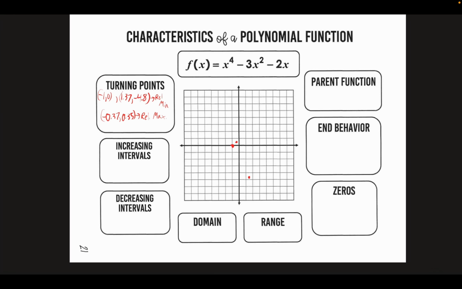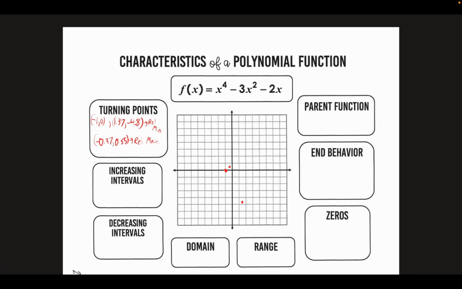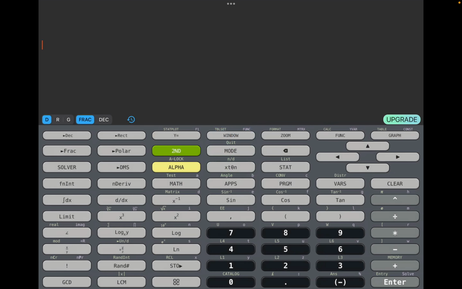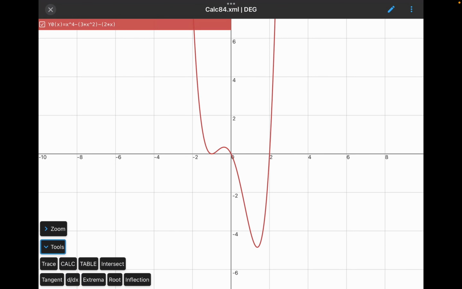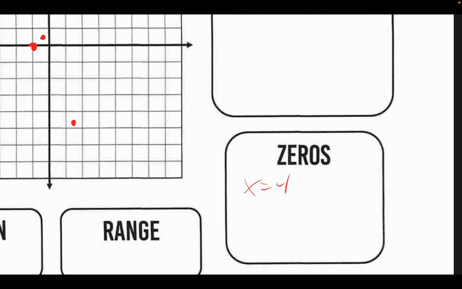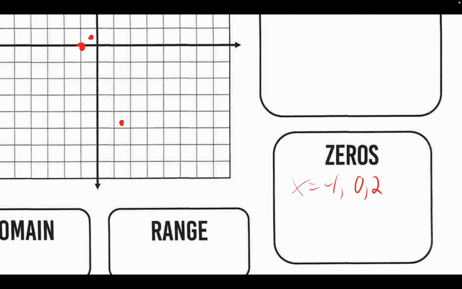And then the zeros. So I see my zeros are at -1, 0, and 2. So I'll jot that down and graph that.